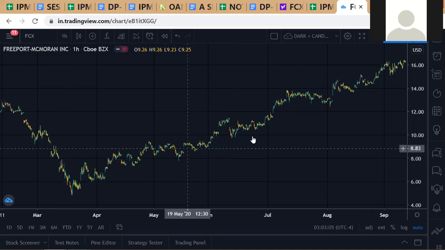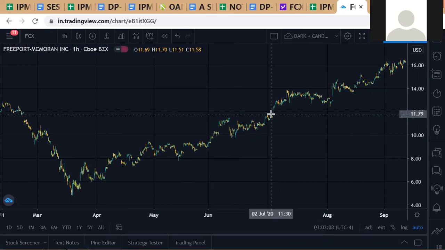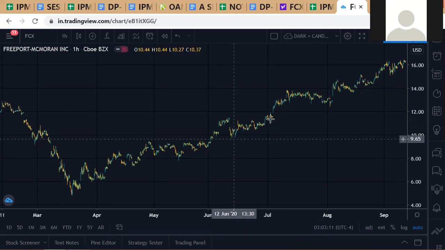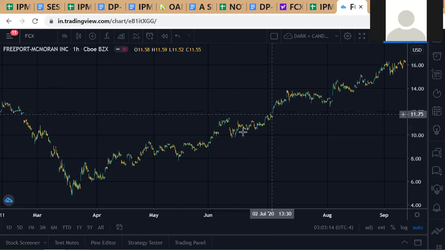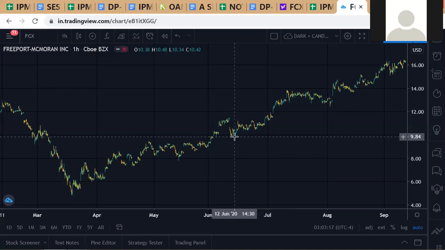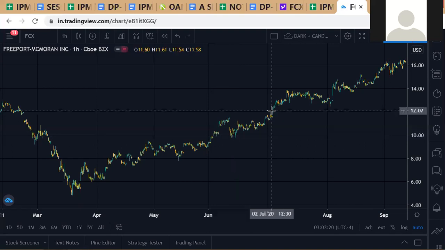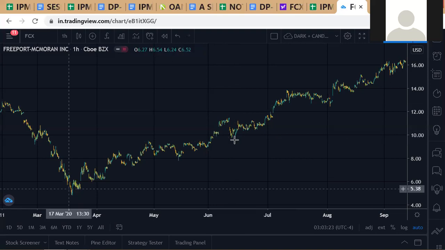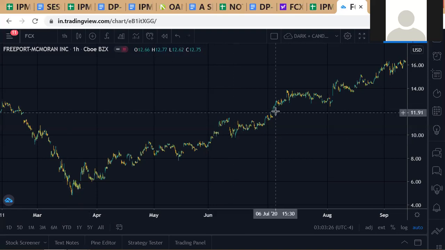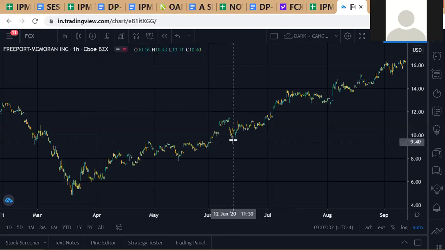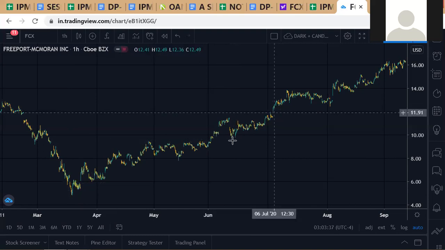When we are standing here in time, what is this low, which we have decided should be the stop when he goes long? This is the highest low, because so far, standing here, this is the highest low from which a new high was made, which is the English language way of saying LT plus 1 greater than LT for all t. And this is actually the LT plus 1 at this point of time when we are standing here. So now Utsav, you understood why it's the highest low, not the lowest low?